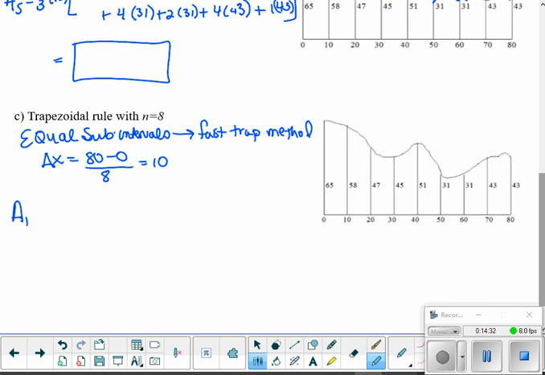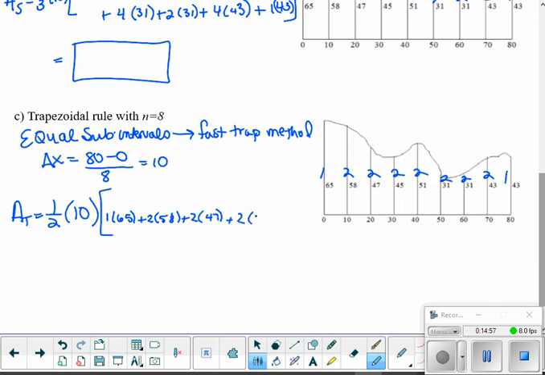Area trap is a 1/2, not a 1/3 as in Simpson's, delta x. And the formula went 1, 2, 2, 2, 2, 2, 2, 2, 1. So I'm going to have 1 of the first height, 2 of the second height, and so on. 2 of 45, 2 of 51, and then another 2 of 51.